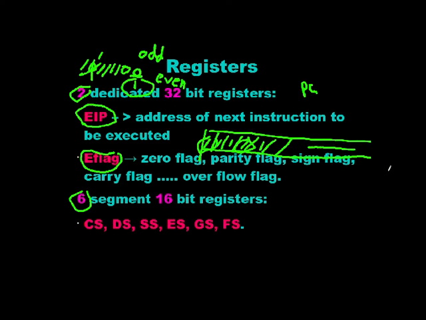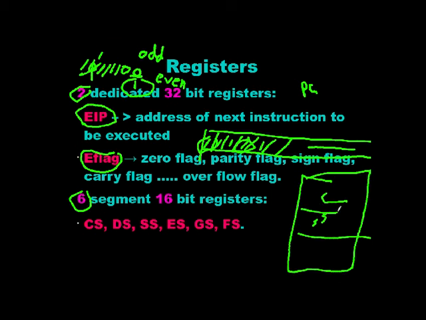And usually, not always, this is how memory is divided. If I remember it right, we'll have here the code part, we'll have here the stack part, let's say, and here we have the extra part, the extra segment register, and here we'll have the data.